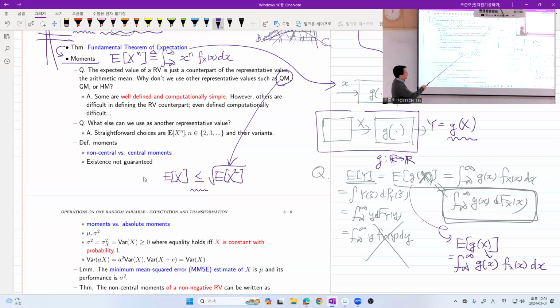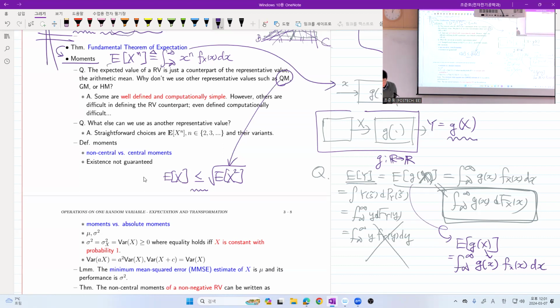See that if X has unit in meters, the right-hand side also has unit meters. And this is the inequality. We already know the quadratic mean is the greatest, and then arithmetic mean, geometric mean, harmonic mean, something like that, right?